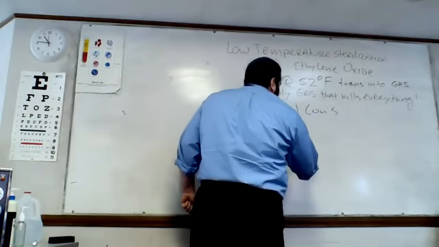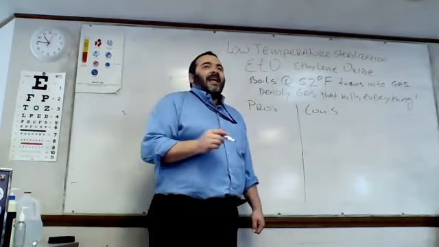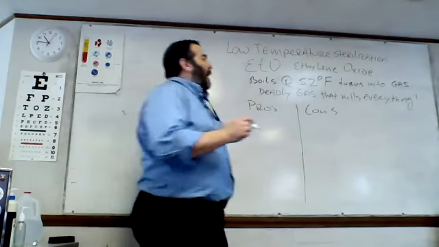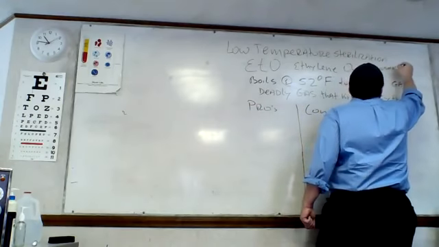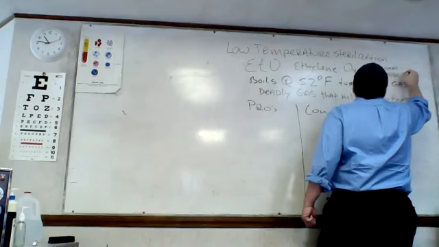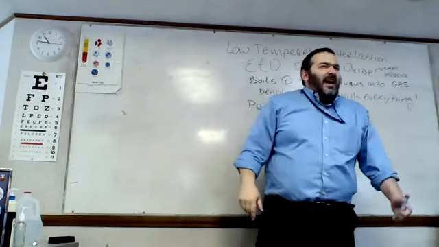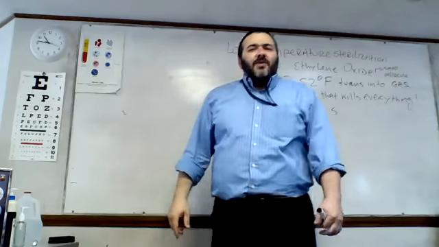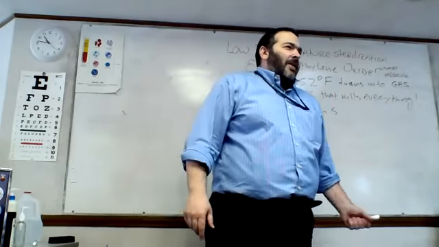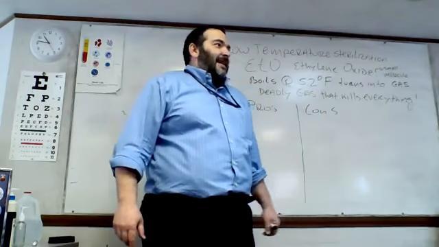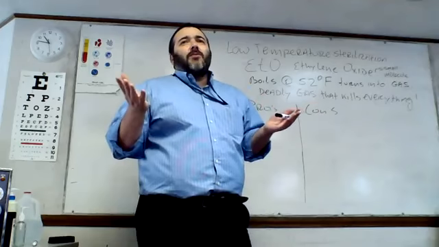First things first, I want to tell you that ethylene oxide is a small molecule. What does that mean, and why do we care? Well, we care because they will ask you a question on the test, and they will ask you, what is ethylene oxide? Well, it's a deadly gas. It's a small molecule. Now, why is it important for us to know that it's a small molecule?